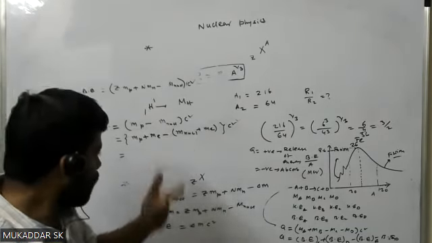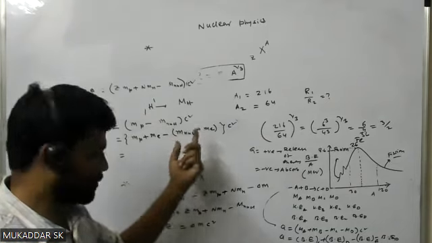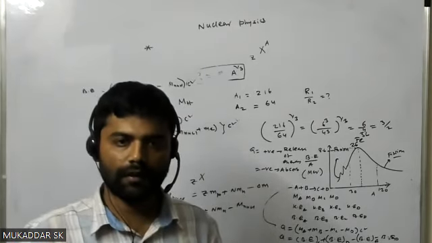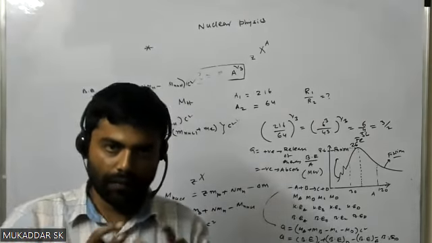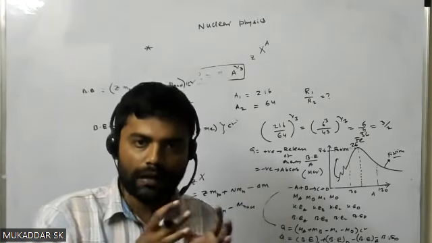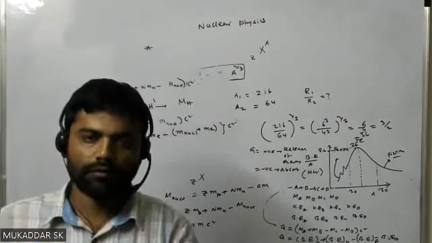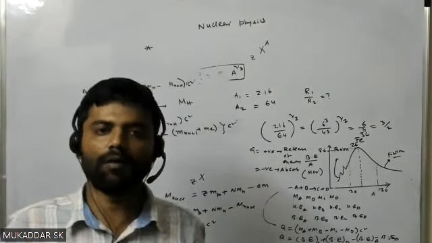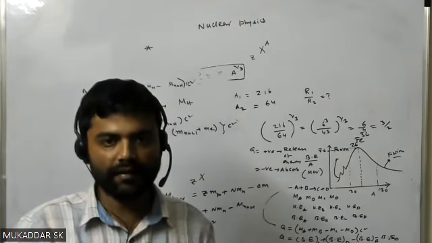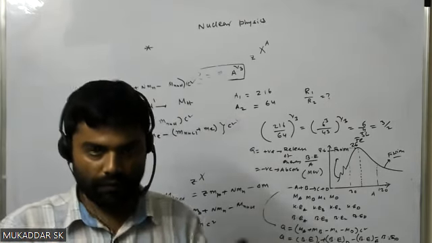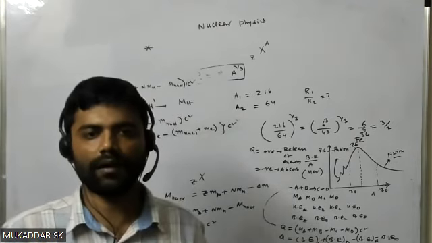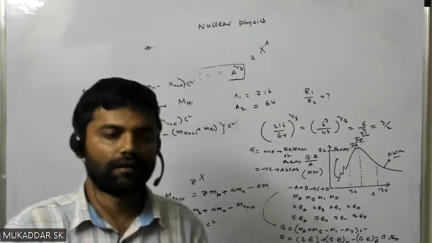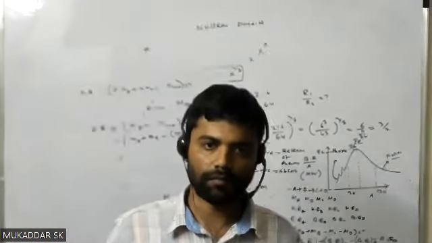Now you can see this mass of nucleus. An atom contains a nucleus and an electron. So if you write the mass of the nucleus plus the mass of the electron, that is known as the mass of the atom.